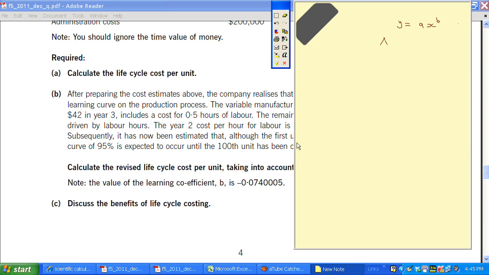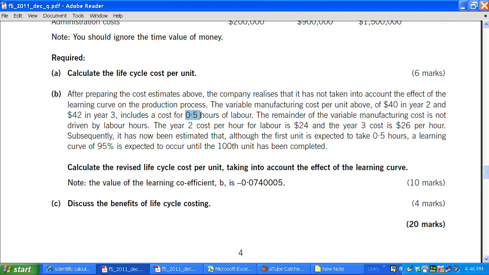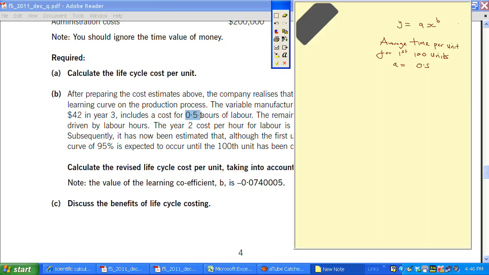So let's try and get the average time per unit for the first hundred units. A is the time spent for the first unit, which is 0.5.